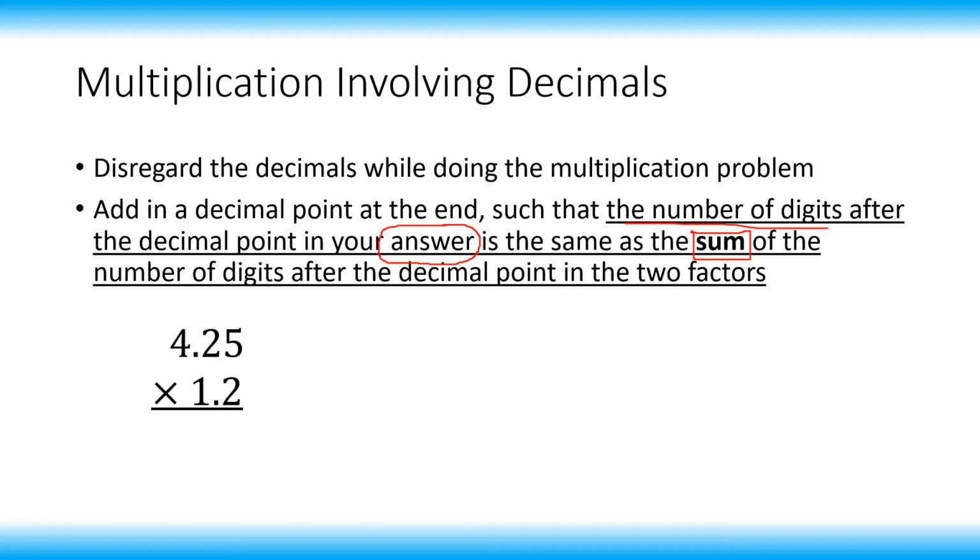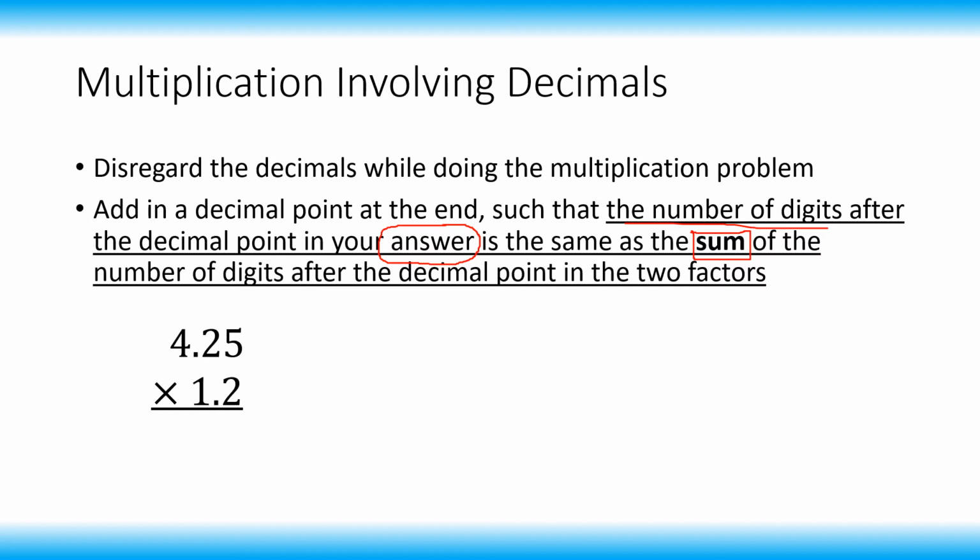If we look at this first problem right here, we've got 2 digits after the decimal in the first line, and 1 digit after the decimal in the second line. So that's a sum of 3 digits after the decimal point in these two factors. Factors are the things that you're multiplying together. So we've got a sum total of 3 digits after the decimal point in those two factors combined.